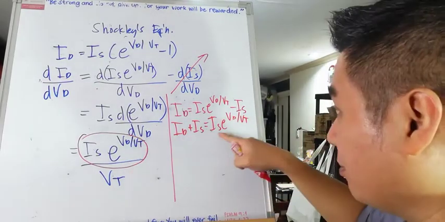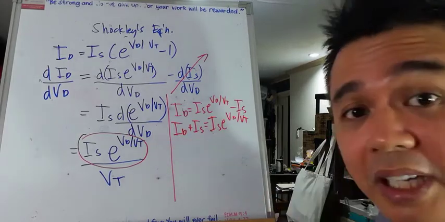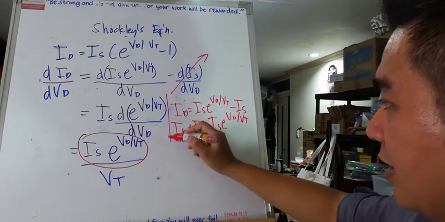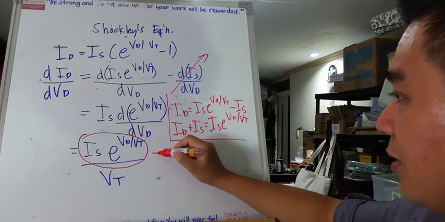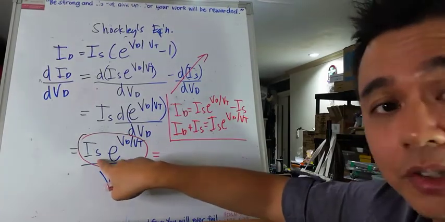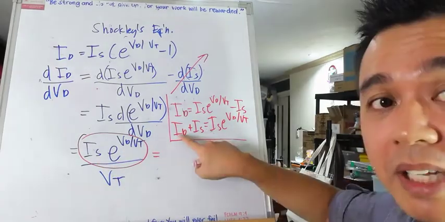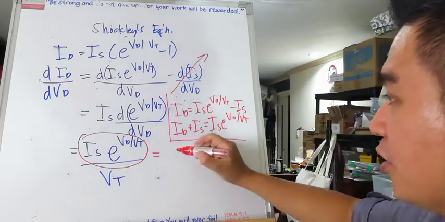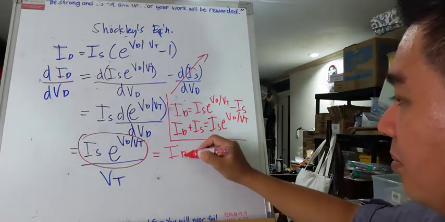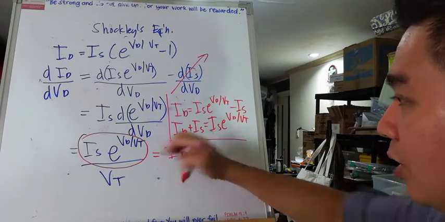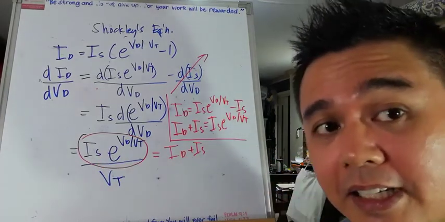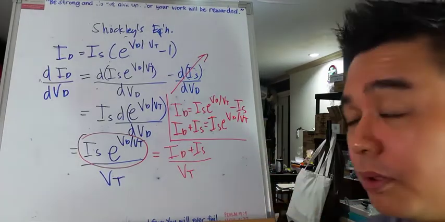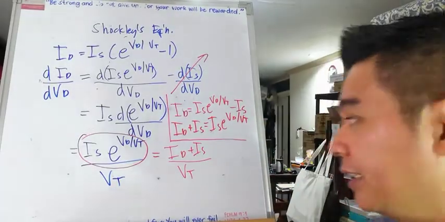Ayun yun. So pwede nating ipalit to dito kasi pareho lang naman yun, di ba? So we have, medyo hatiin natin dito. This is equal to, instead of using this term, we will use ID plus IS kasi equal siya doon. Okay? So we have ID plus IS. So itong term na to, napalitan ng ID plus IS divided by V sub T. So later on, kukunin natin yung value ng V sub T na yan.